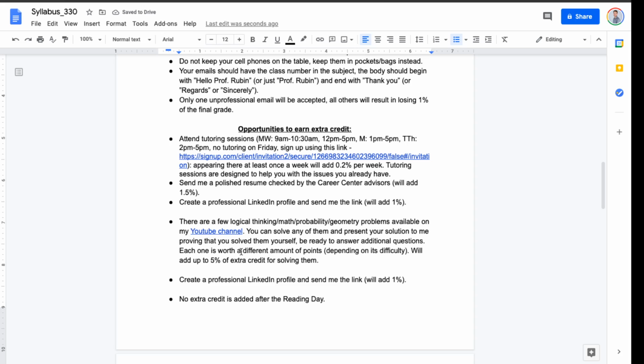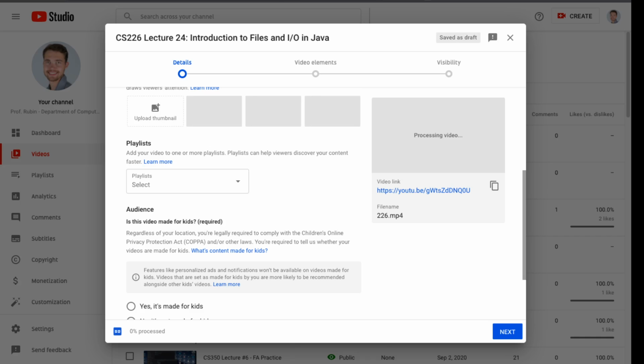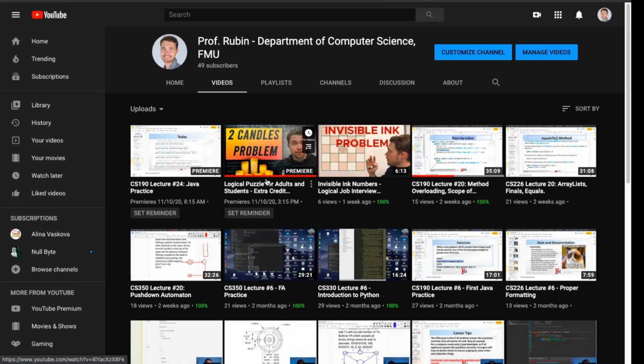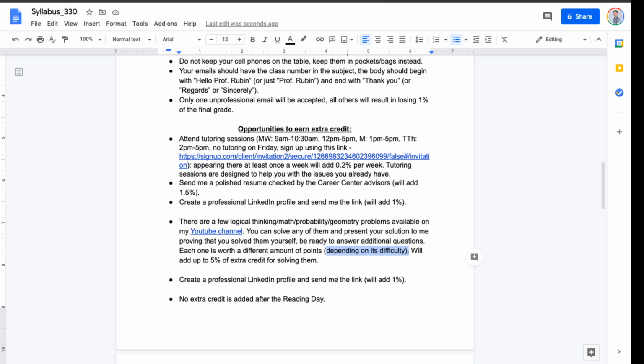Each one of them is worth a different amount of points depending on the difficulty. For example, this one about the candles is almost the easiest one. It's worth 0.5% of your final grade. But there will be a couple of problems which are more difficult, so I'll be able to give you up to 5% of extra credit for solving them.